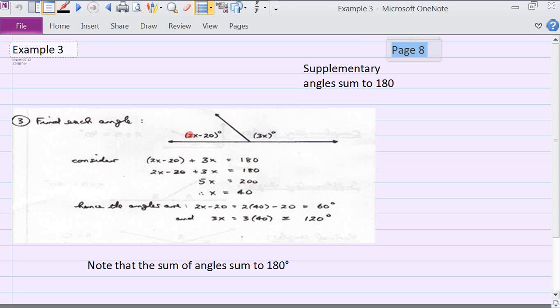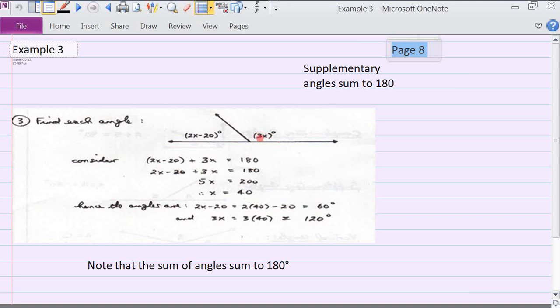Now I go back up here, and I put the value of x equal to 40 into each of the angles. So 2x minus 20 is 2 times 40, which is 80, minus the 20 gives me 60.